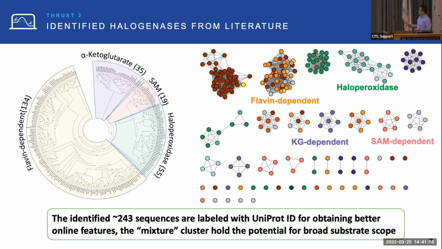And here we did one sequence similarity network analysis. Here, each dot means one specific sequence. From the color, you can see the mixture clusters, which means different enzymes can cluster together, and this mixture cluster holds the potential for a broad substrate scope.